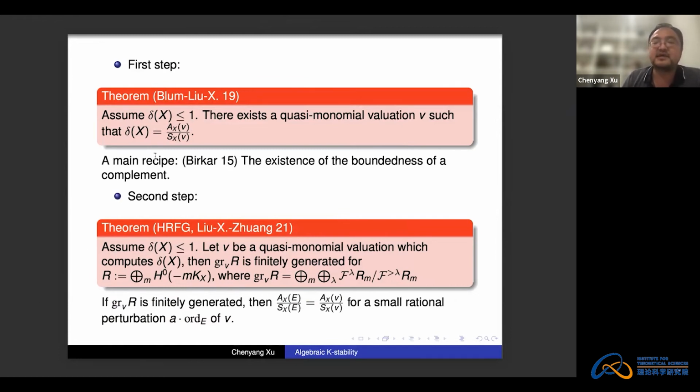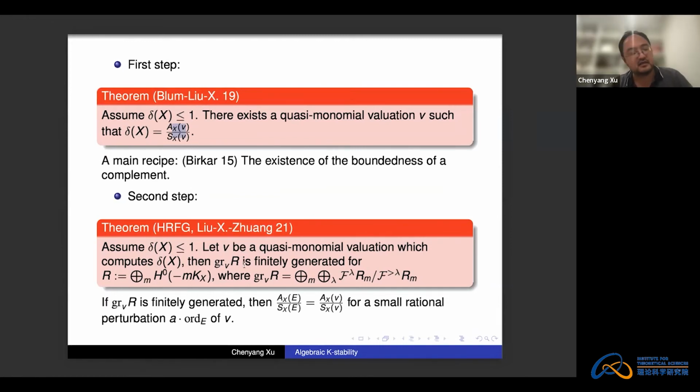In some sense, a quasi-monomial valuation is like a divisorial valuation, but the divisorial is kind of the rational version. The quasi-monomial valuation is like the real version. But to prove this, we need the BCHM proof of the boundedness of complements. And to get from the quasi-monomial valuation to a divisorial valuation, we have to prove some finite generation statement.